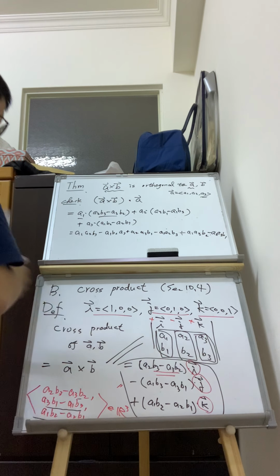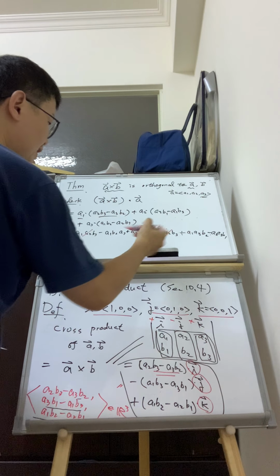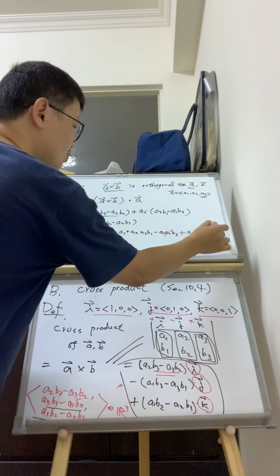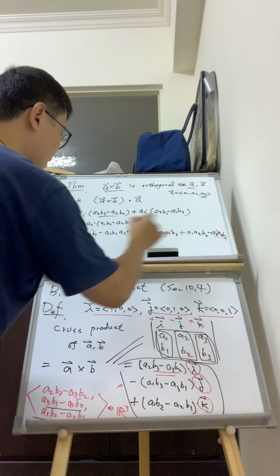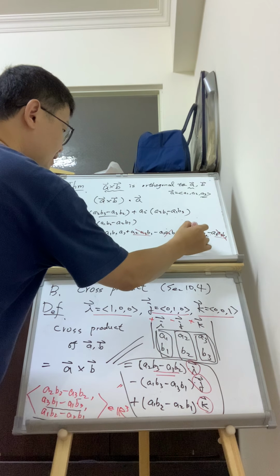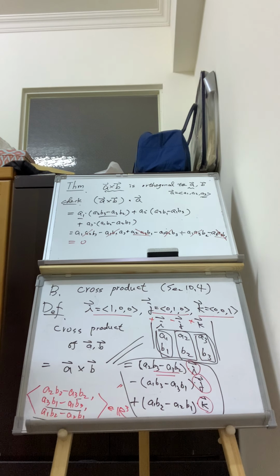And here we could cancel some, right? A1A2B3 cancels with A1A2B3, A2A3B1 cancels with A2A3B1, and A1B2A3 cancels with A1B2A3. So actually it's equal to 0.